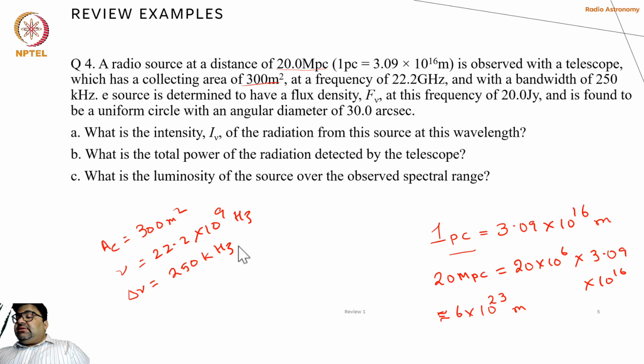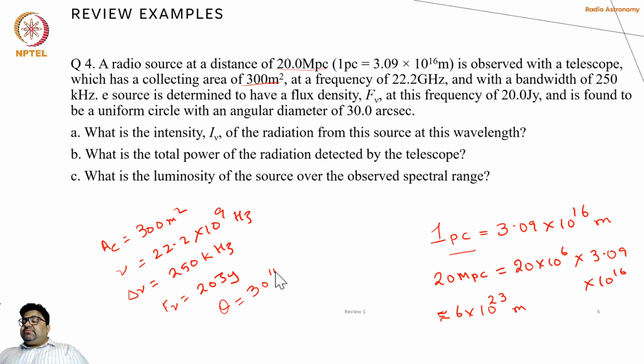Determine, have a flux density F nu also given by 20 Jansky, and is found to be a uniform circle with an angular diameter of 30 arc seconds.